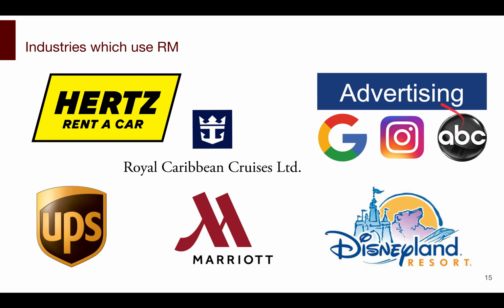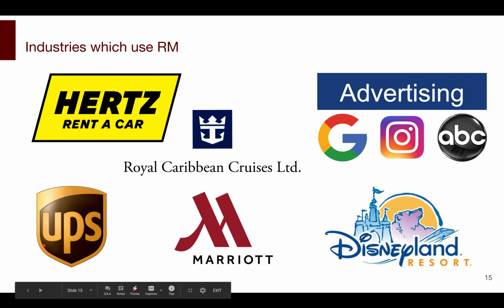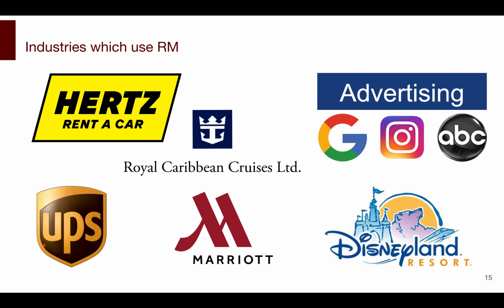The advertising industry, including TV and internet advertising, also charges different prices for different types of ads, different keywords, different customer types that they're showing the ads to, and so on. Companies such as UPS, DHL, FedEx, and so on, also charge different prices for delivering packages at different times depending on their capacity.